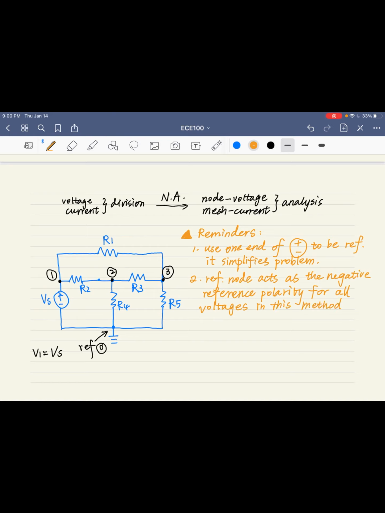So the node voltage V1 is actually the voltage between node 1 and node 0. The node voltage V2 is actually the voltage between node 2 and node 0, which means across R4 here. And similar to V3.